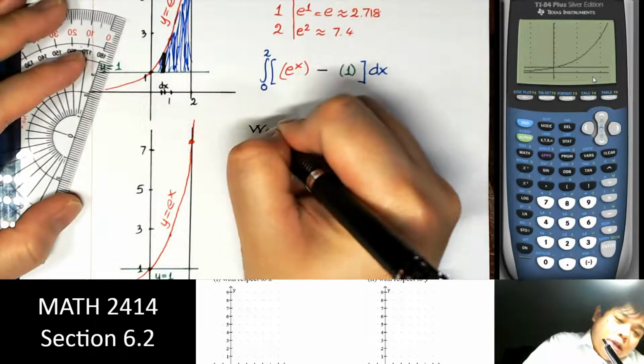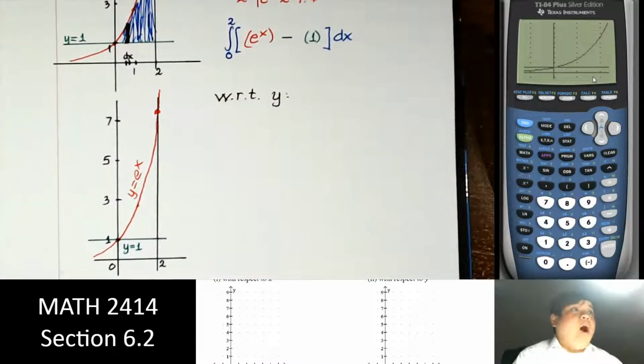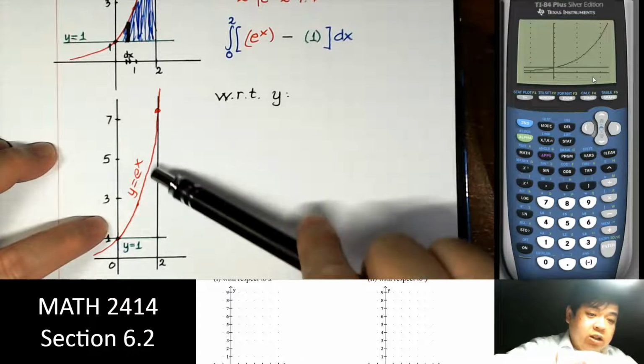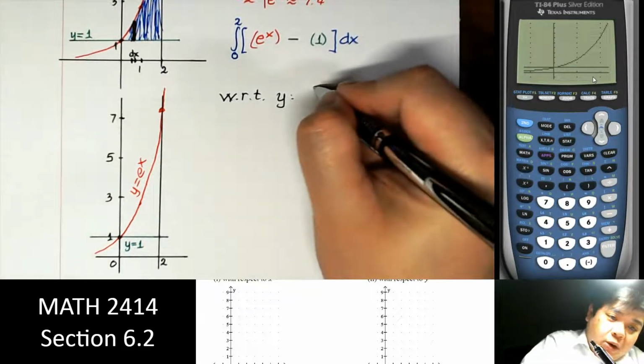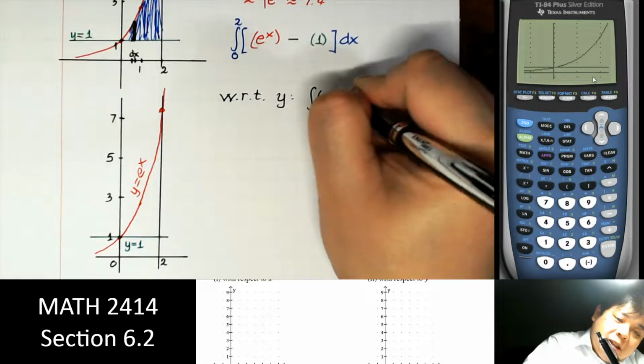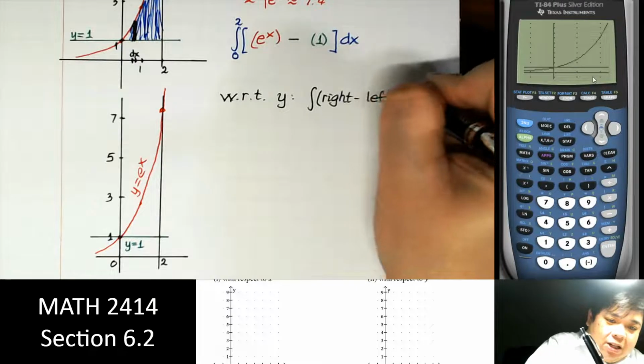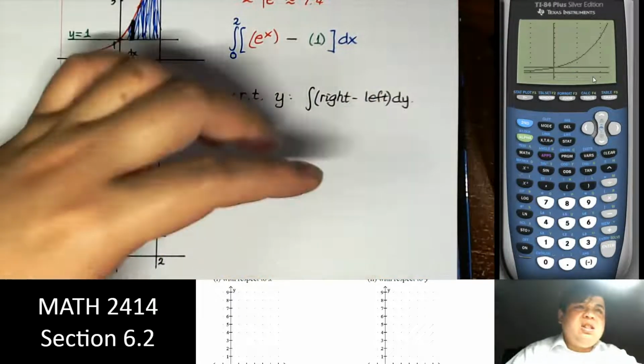This one is with respect to y. Now with respect to y, we talk about this region, of course. It is going to be the function on the right minus the function on the left, in terms of dy. The limit is easy to determine.